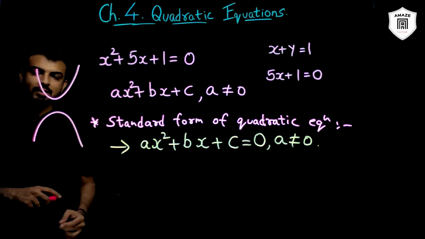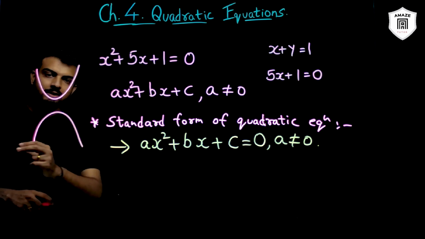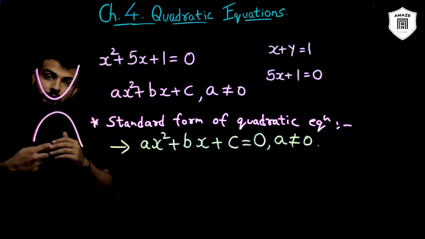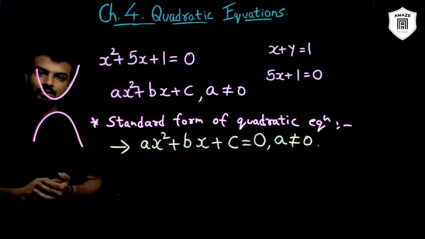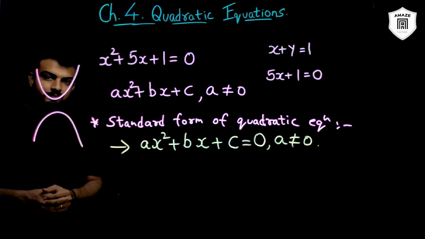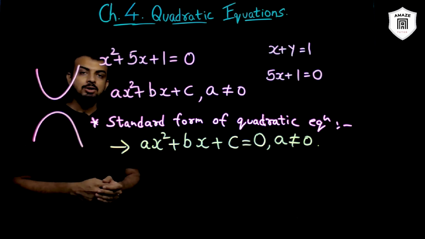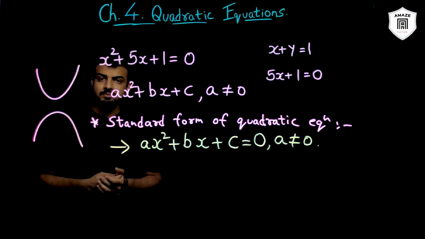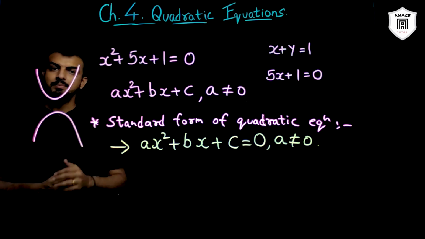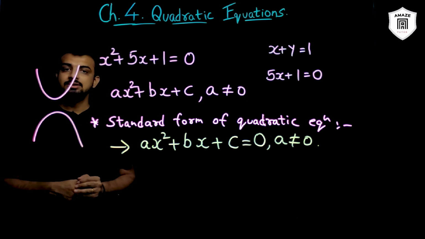So mainly when we are dealing with height and time or the distance it has traveled after throwing, we can use a quadratic equation there to calculate a particular height at a particular time or to calculate the distance. And at a particular distance, what can be the height. So mainly height, time, height, distance we can use wherever we are having this type of trajectory. Clear? So these were the real life applications of quadratic equations.